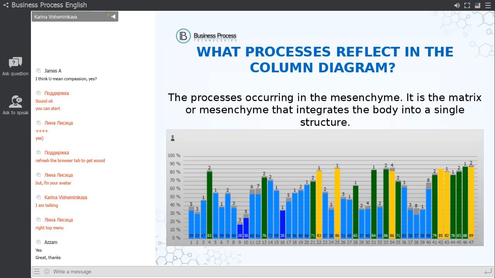What processes are reflected in the column diagram? The processes occurring in the mesenchyme. It is the matrix that integrates the body into a single structure. It is connecting the whole organism. Literally, all processes take place in the mesenchyme: breathing processes, slag and toxin emissions, hormone exchange, exchange of enzymes, everything is processed there.